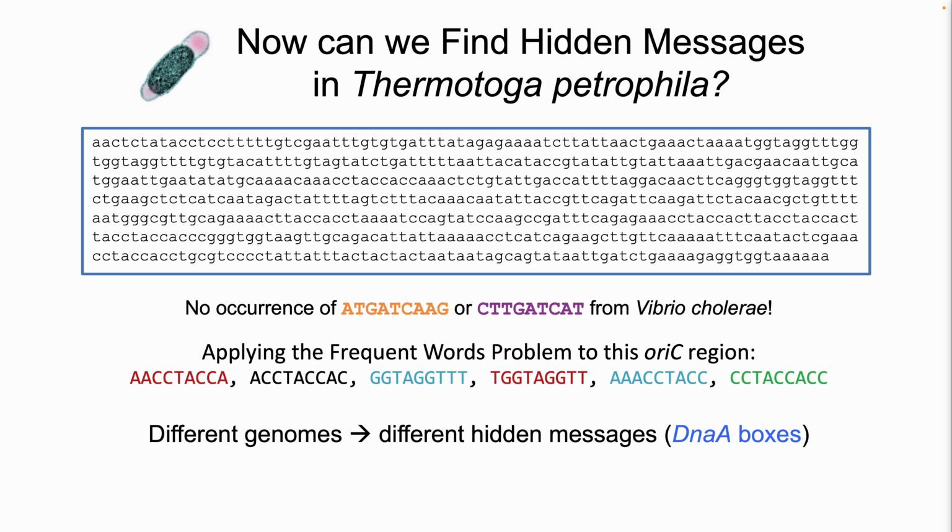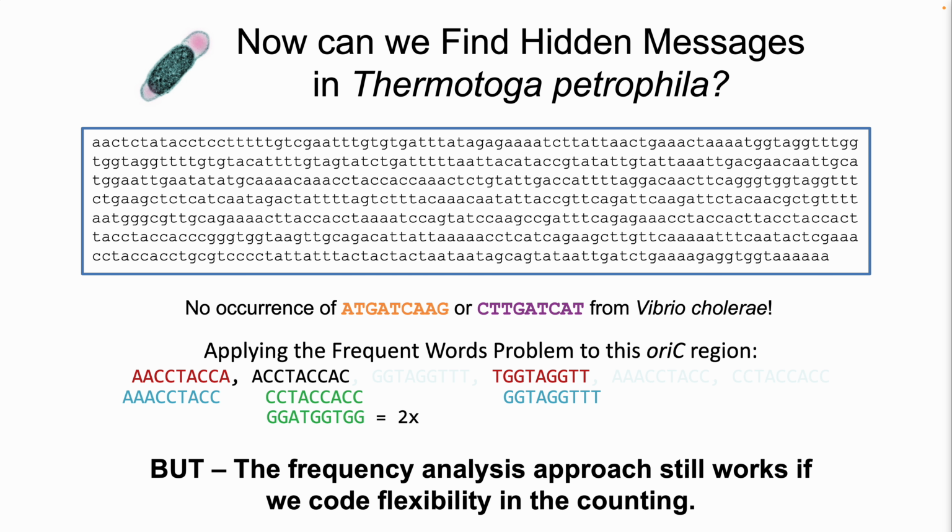What that means is that different genomes have different hidden messages. If you stare at those long enough, you'll see they are reverse complements of each other and shifted by 1 base pair. So again, there is a really strong overrepresentation of a particular pattern in here. Our algorithm missed one that is a reverse complement because it only happened 2 times, and our algorithm only spits back the most frequent.